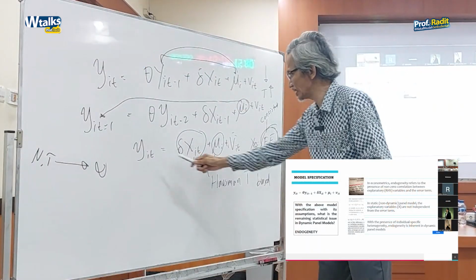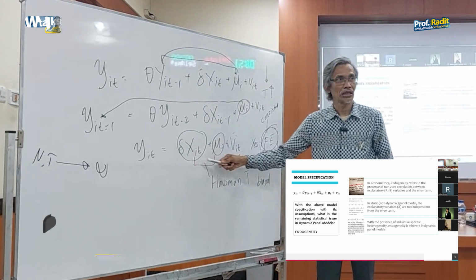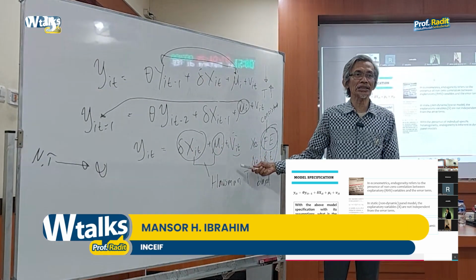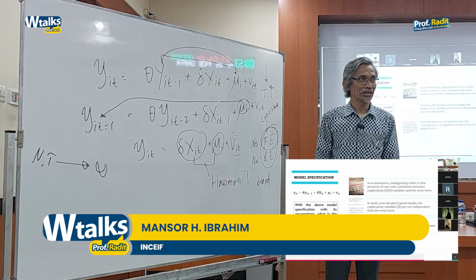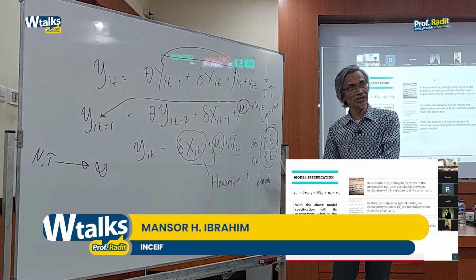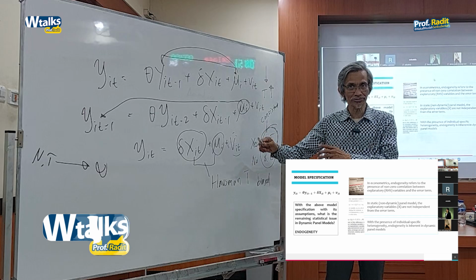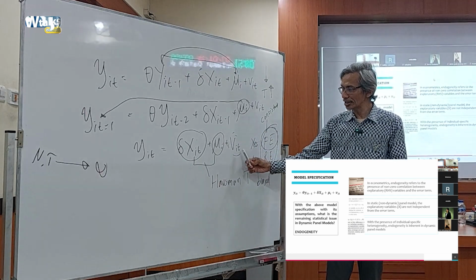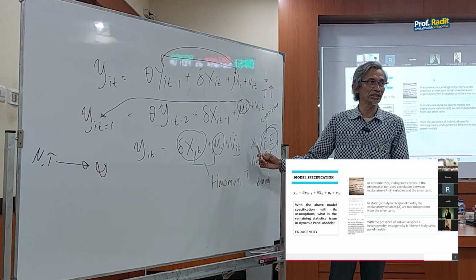The same thing applies when you specify a static panel: which one you want to use to estimate. You don't decide first and then specify. You specify first and then decide how to estimate. And in traditional or static panel, it's really easy.